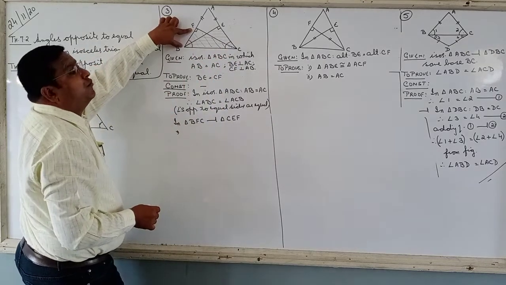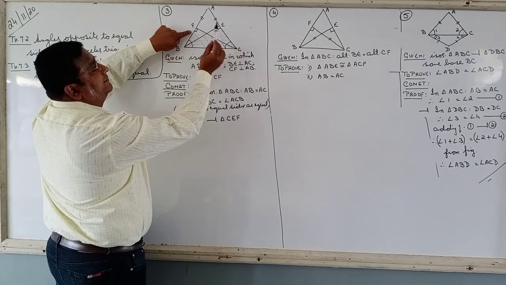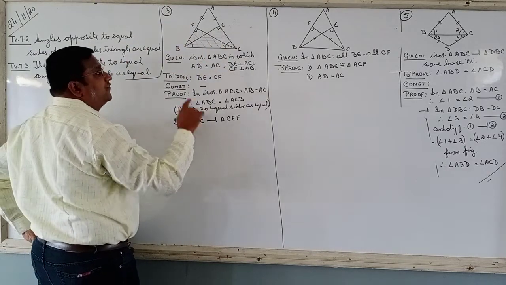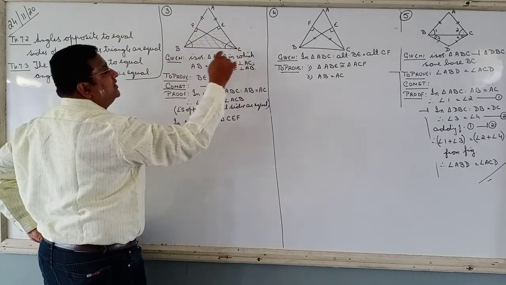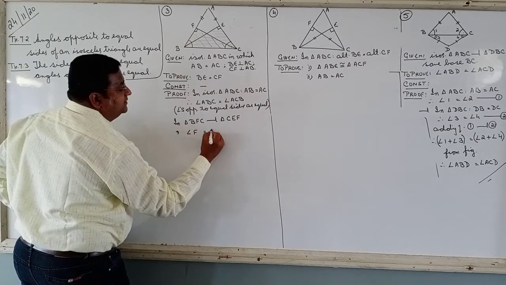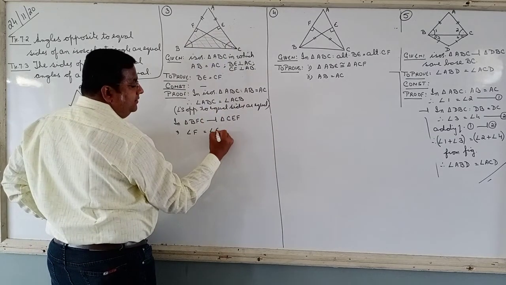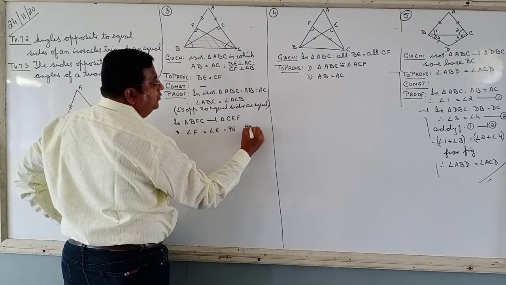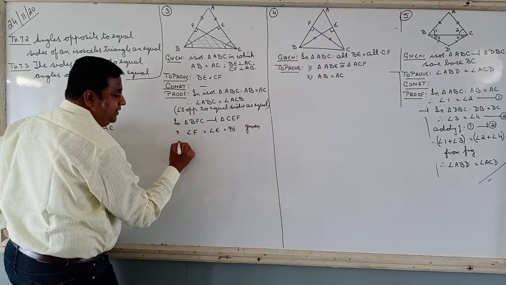Can you see that? In both these triangles, one angle is 90. If I talk about first BFC, so angle F is equals to angle E, that is 90, given to us, they are perpendicular.